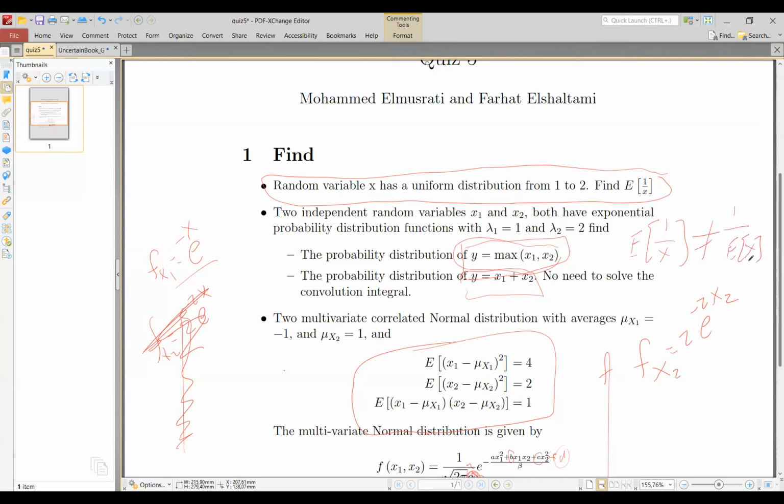And actually, I remember that one student made this mistake in his master thesis because he was looking to find the probability of error, and then he needed to make a similar expectation to this one, where, for example, assuming that the received power is fixed, and they assumed that the noise is a random variable.